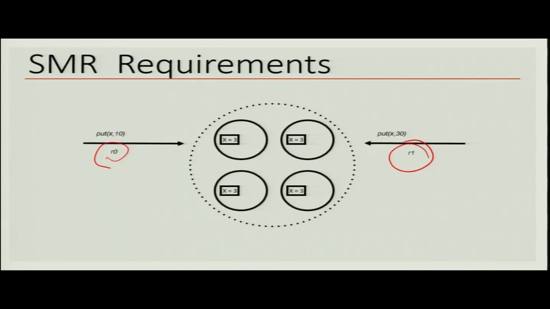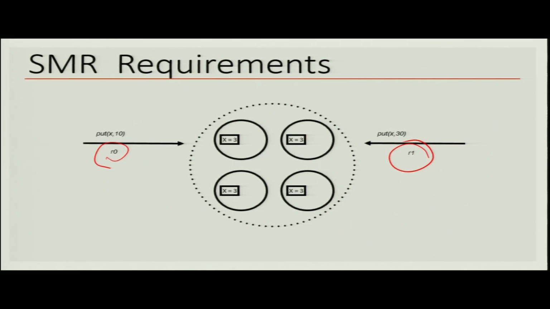Now, as I was saying, when these requests come, they may go to the one that is closer to that client in the network sense. So, this may go to this guy on the left and this may go to this guy on the right.